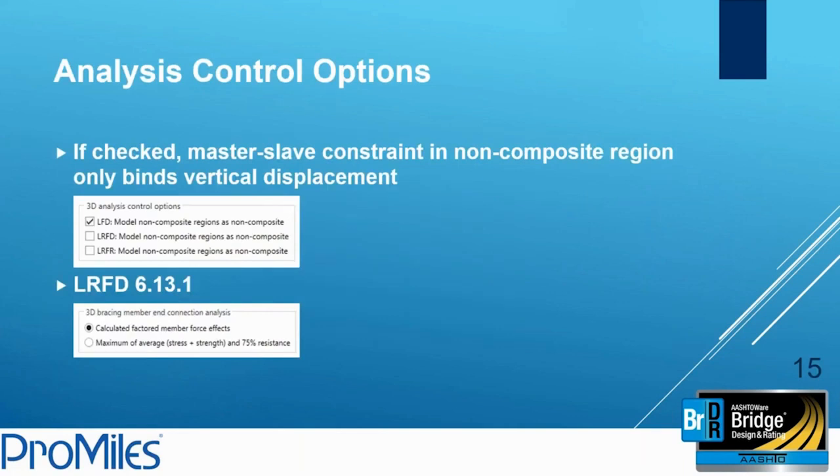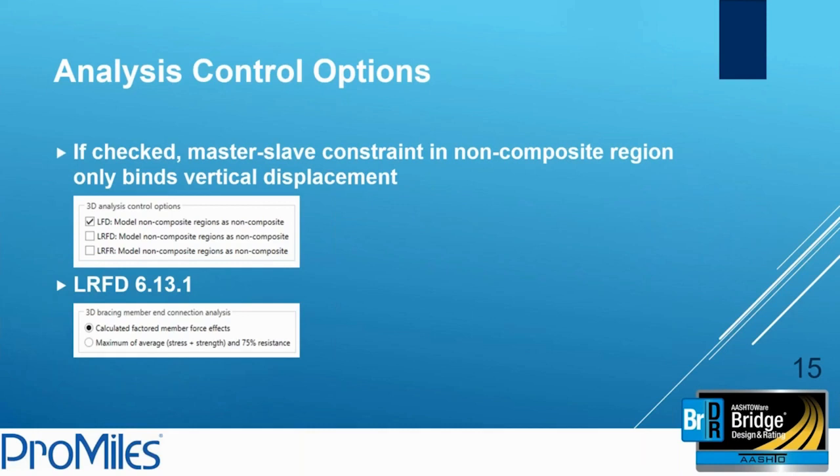Coming to analysis control options, like I spoke in the beginning, based on the user input, you can model the 3D bridge as a composite model or a non-composite model. So if you wish to model the beam as a non-composite model, you can use this 3D analysis control option here.